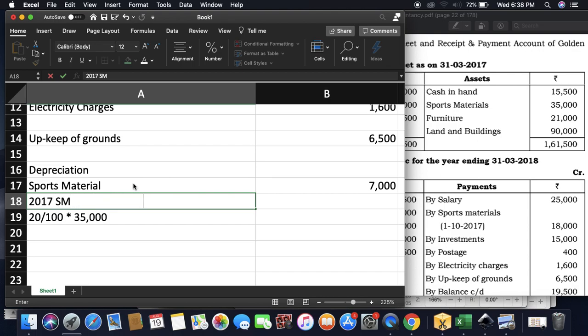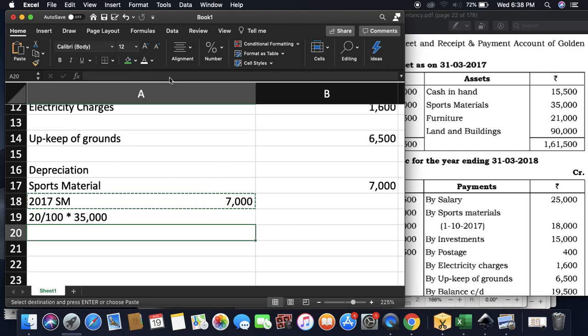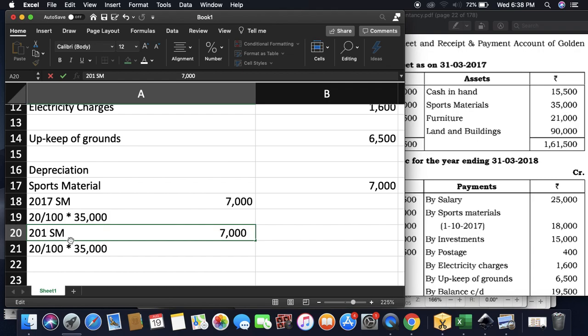So for this, the value is 7,000. And I'll just take this. I'll take both, in fact. Copy them. This is 2018. And this is, let's calculate and then I will change it.